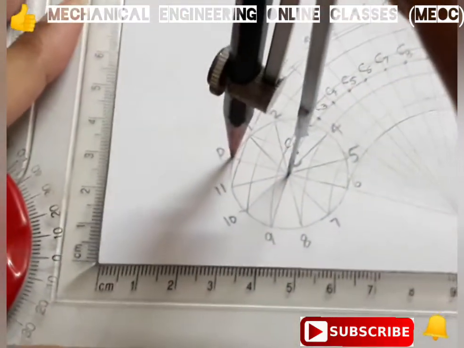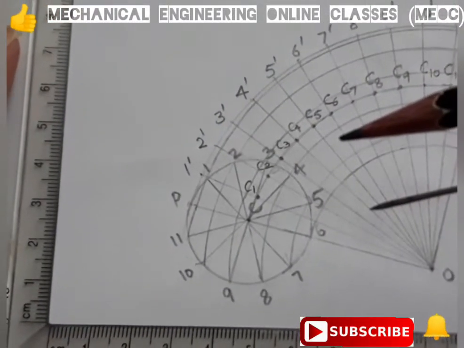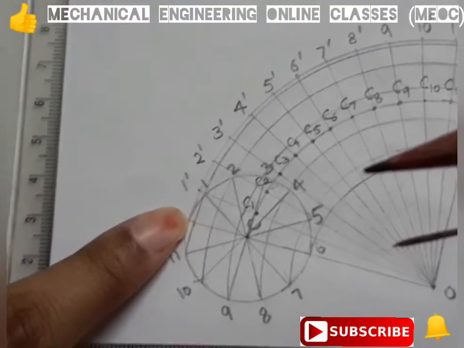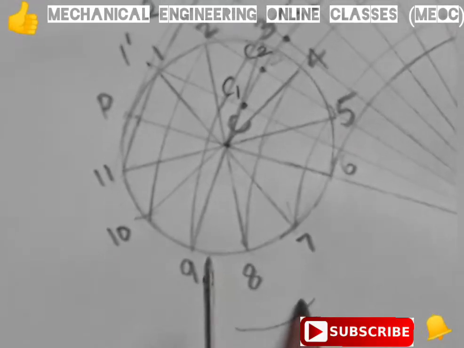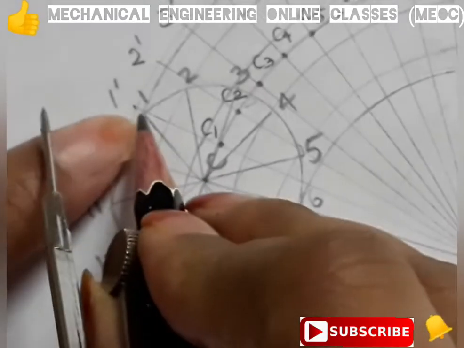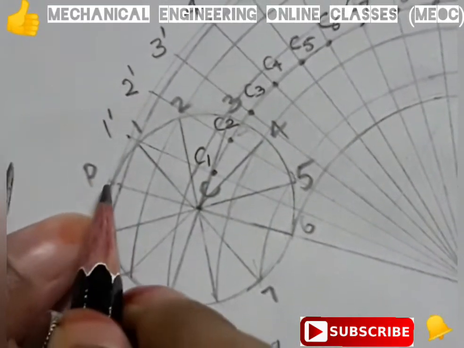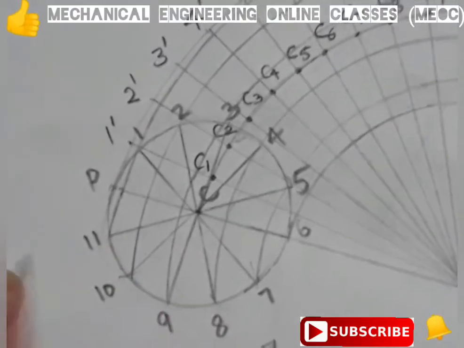CP is the radius on the compass, and after 1/12 of revolution, point 1 will come down because the generating circle is rotating in this direction. This is rolling in counterclockwise direction. So 1 will move to point P and P will move to point 11. That means point P will reach the height of point 11.